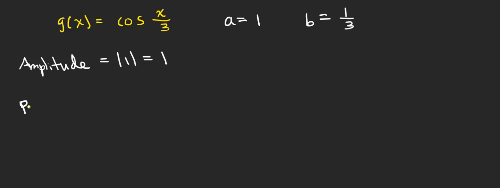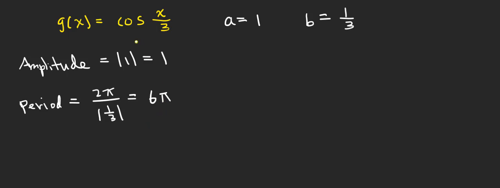What about the period? The period is 2 pi divided by the absolute value of b, which is the absolute value of 1 over 3, and that becomes 6 pi. So the period for cosine of x over 3 is 6 pi. Remember, the period for cosine of x is 2 pi, so this has a longer period compared to cosine of x.